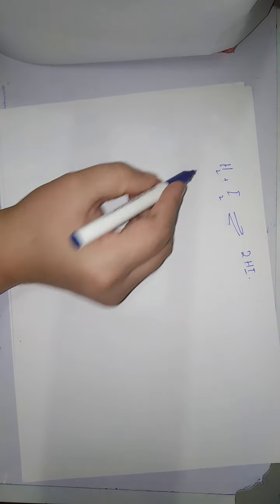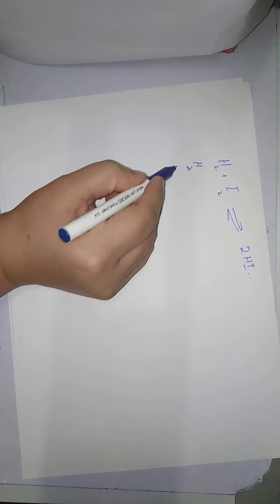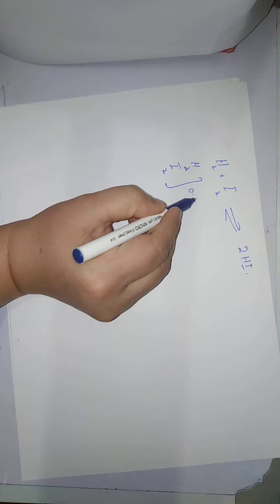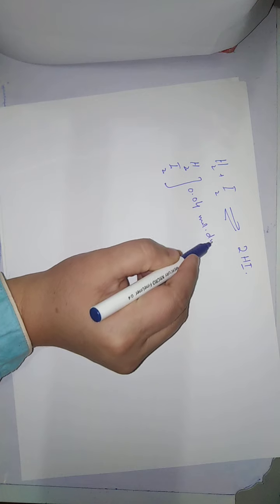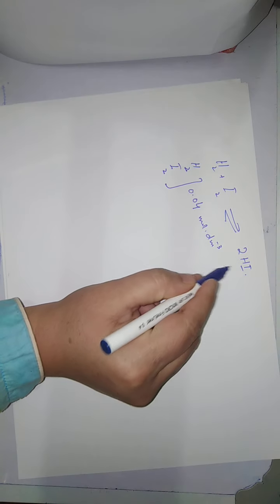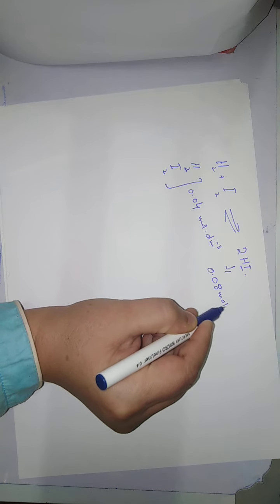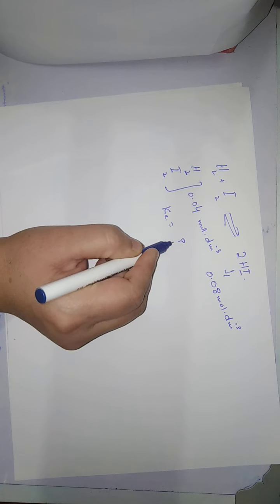In the equilibrium mixture, the concentration of hydrogen and iodine is 0.04 moles per decimeter cube, while that of hydrogen iodide is 0.08 moles per decimeter cube. Now find the value of Kc.